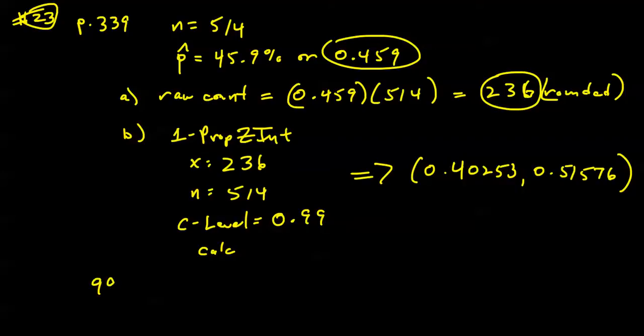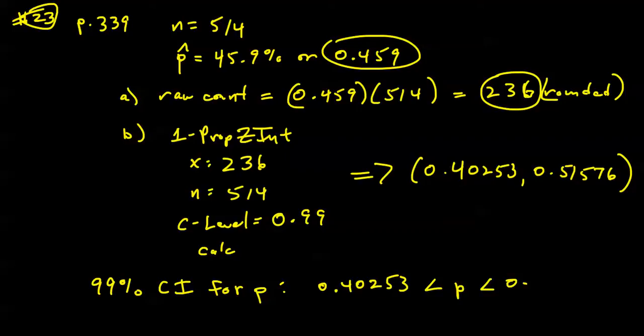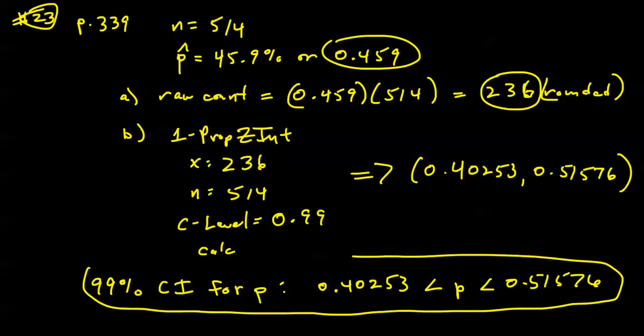Alright, so I claim then my 99% confidence interval estimate for P, the population proportion of human resources directors that say tattoos are no-nos, is going to be, and I'll put it in double-sided inequality notation, okay, so there's my final answer for part B.